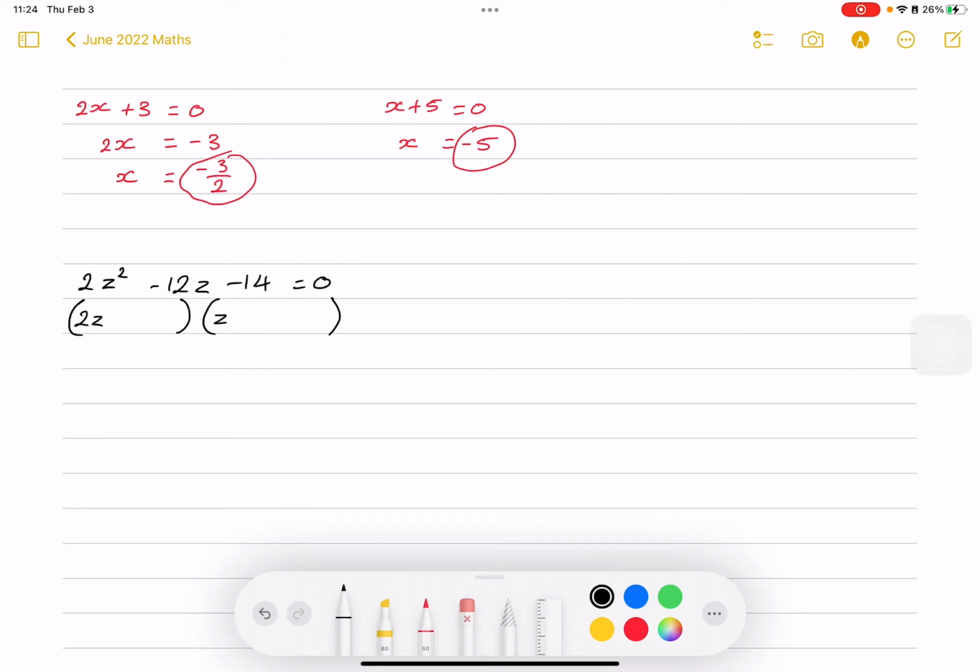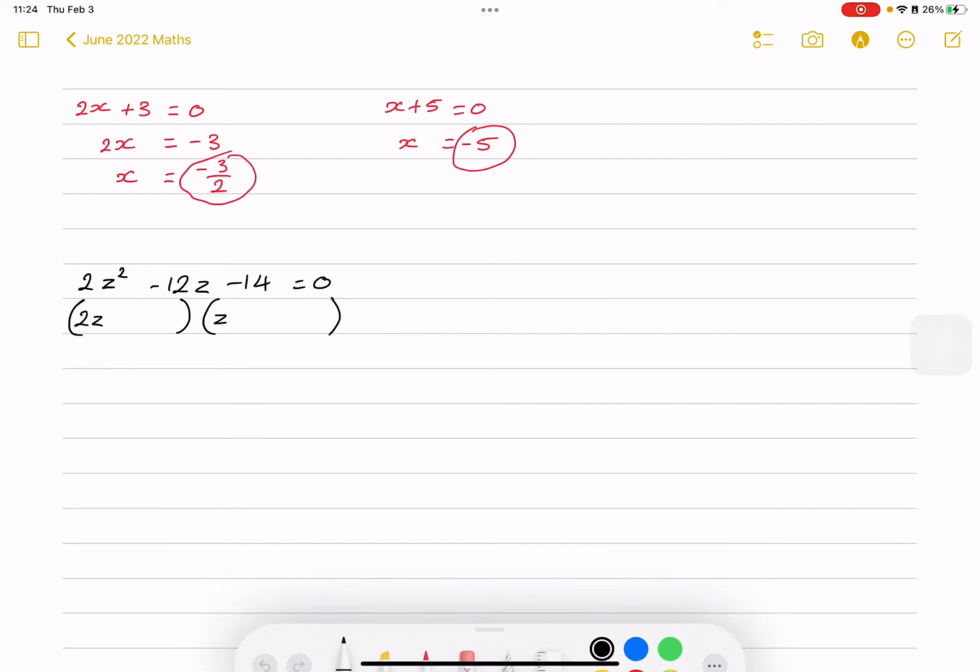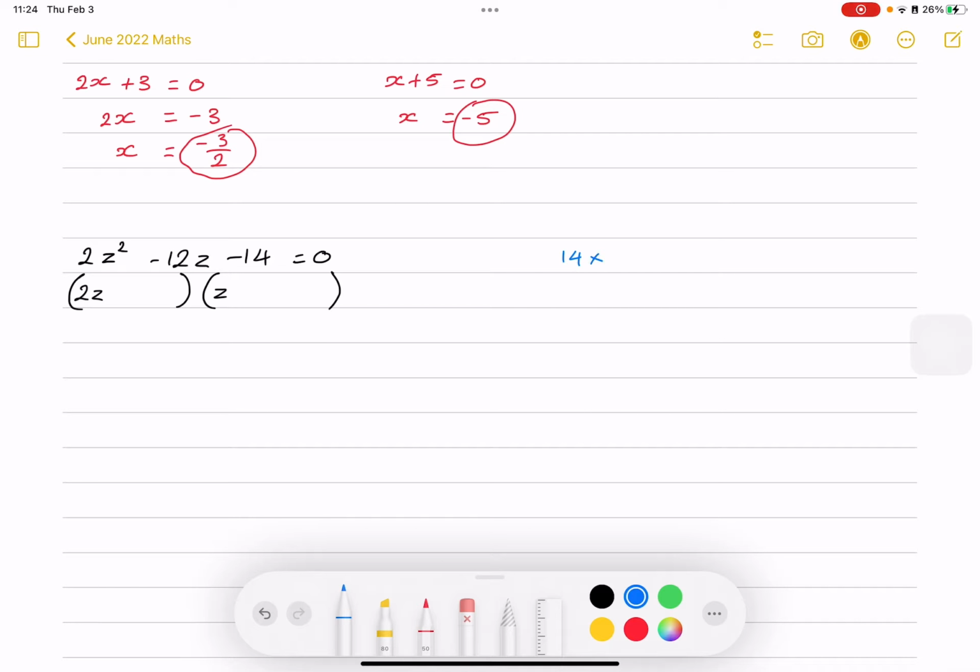And let's see all the possible combinations to get negative 14, right? So I could have 14 and negative 1, negative 14 and 1. I could have 7 and negative 2, or negative 2 and 7. That seems like all of the possible combinations there.